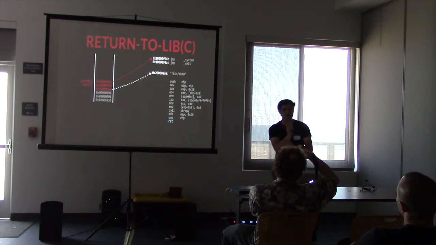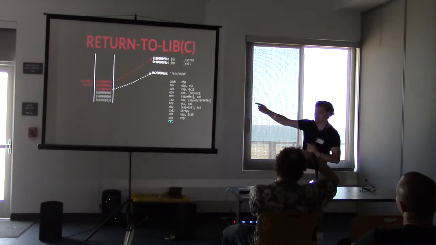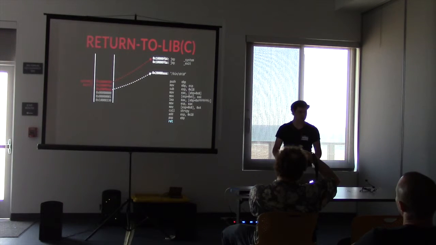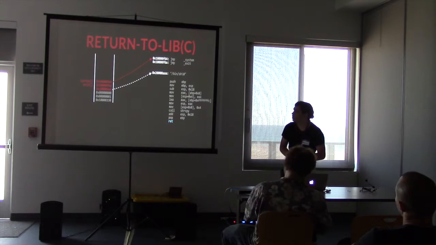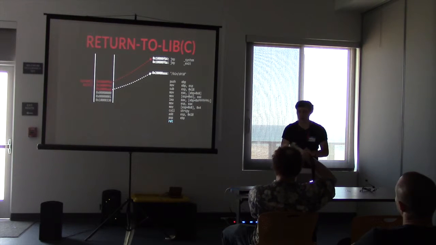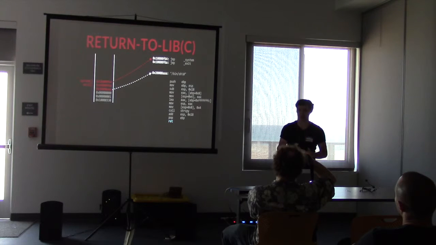On 64-bit, this got more complicated because now all of the parameters to your libc functions are passed in registers. The attacker only has control over the stack, or maybe the heap and this stack. Just assume the attacker has control over the stack. So if we can't put parameters on the stack, how do we actually get them into the libc functions? Turns out it's possible, but it's complicated.